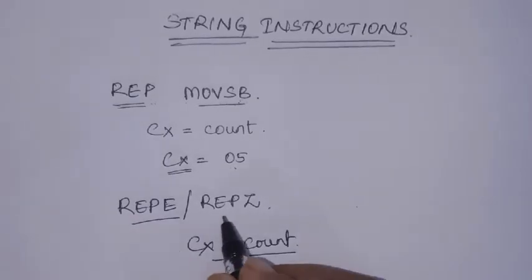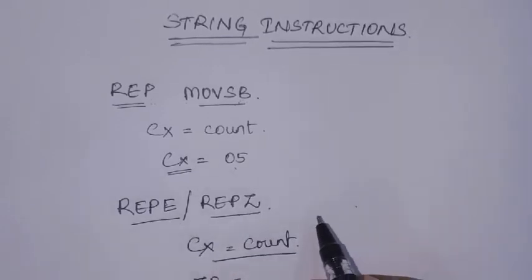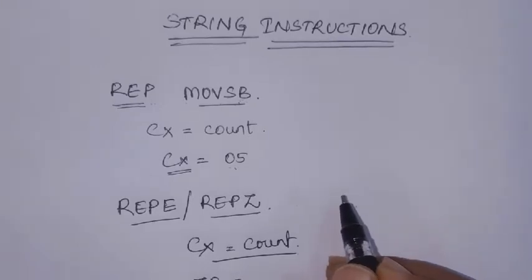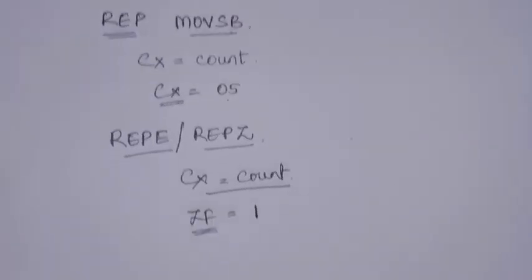So this instruction will check the count as well as the zero flag, because if equal, the zero flag will be set. If not equal, the zero flag will be 0. If the zero flag is equal to 1, repeat the instruction. If not equal to 1, then come out of the loop.